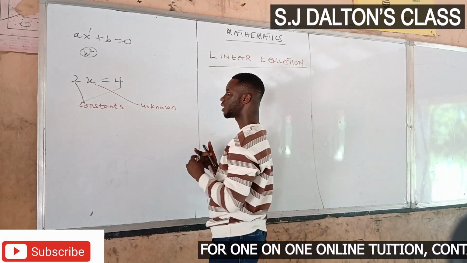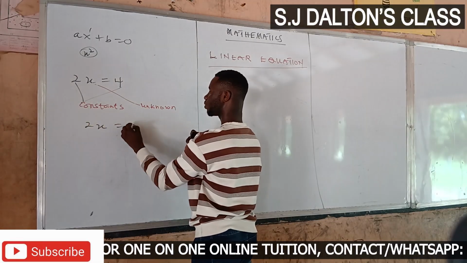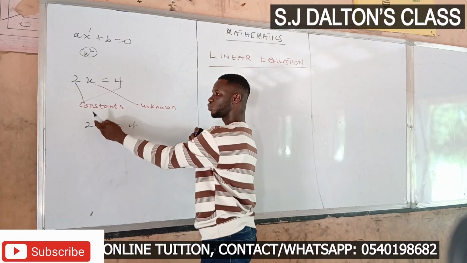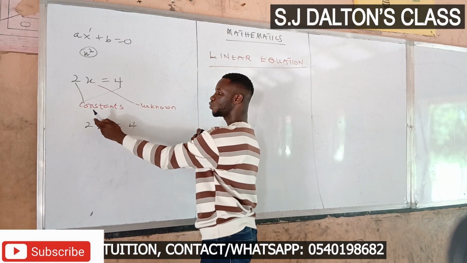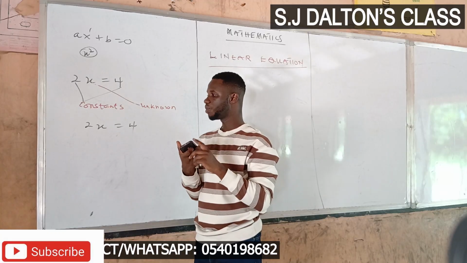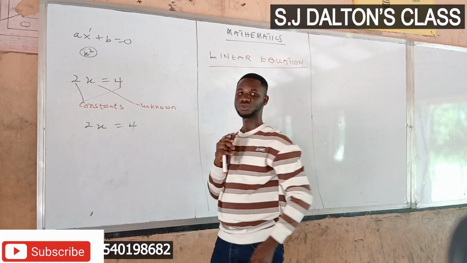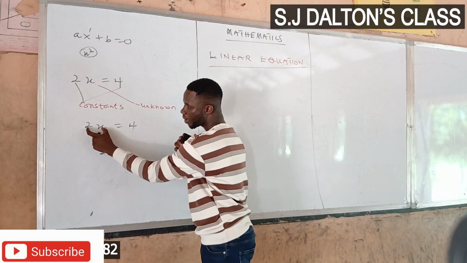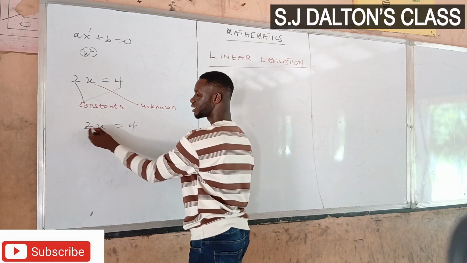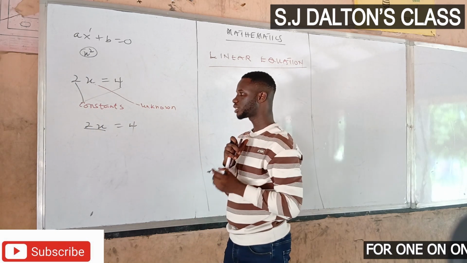So one thing you must notice is we have 2x is equal to 4. Anytime you see there is no symbol here, like plus or minus, it means they are multiplying. It means 2 times what? x. 2 times x. So to find our x here, the constant number and the variable are multiplying.